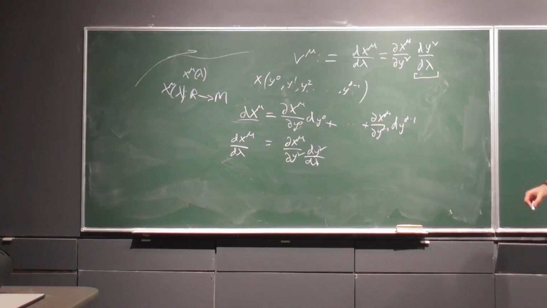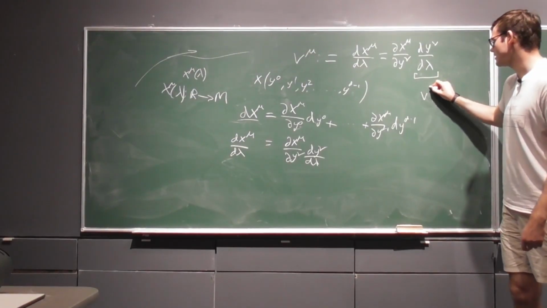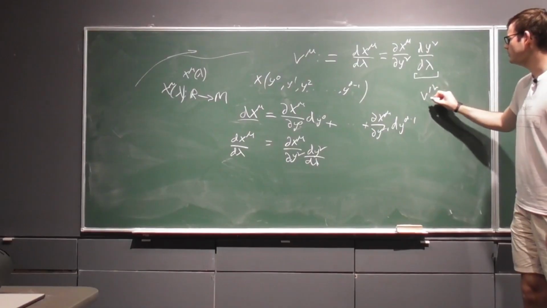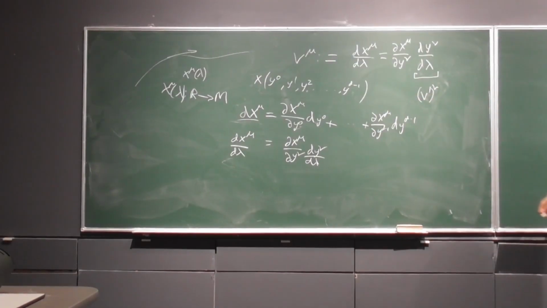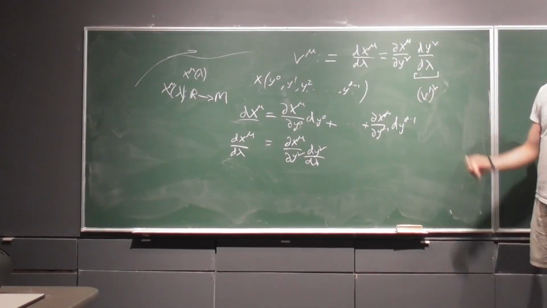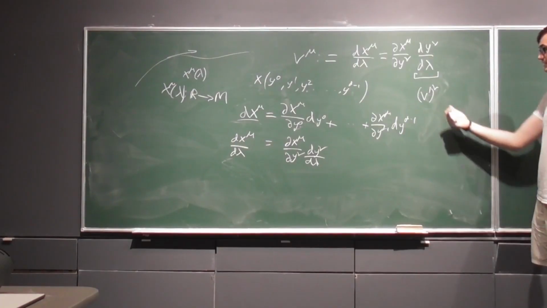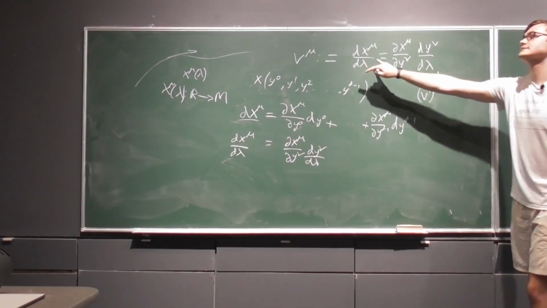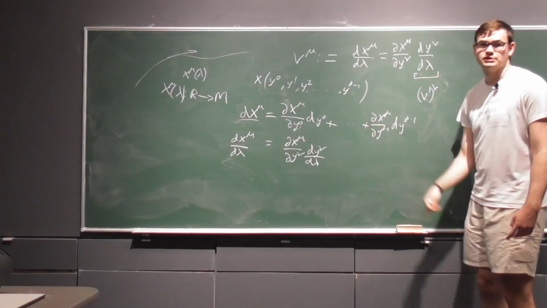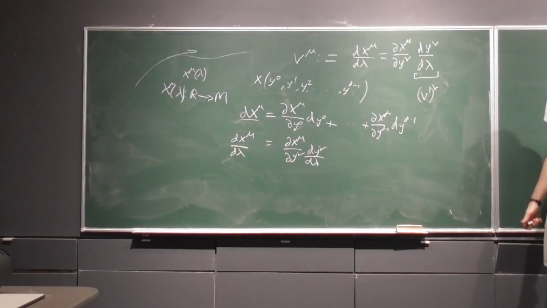Well, if we were to define a vector in the new coordinate system, let's say call it v prime nu, brackets, you know what's going on there. This would be exactly it. This would be dy nu, because that's the same as this definition here, just in the new coordinate system, with respect to lambda, and it's the same form.